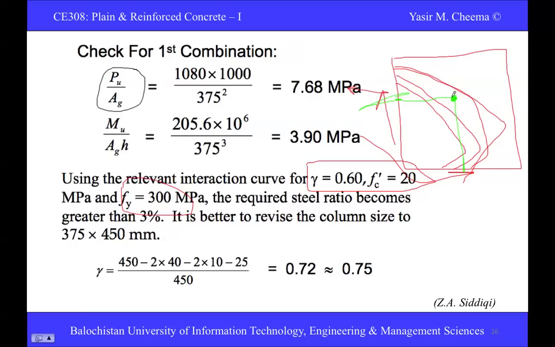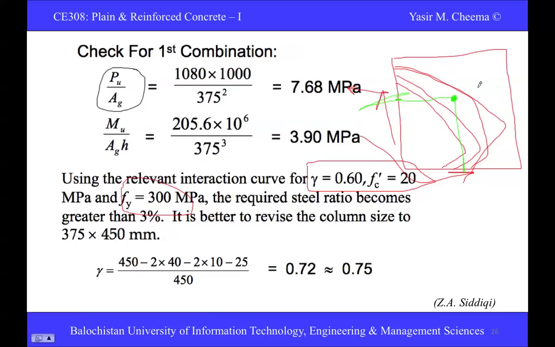We need to check first whether this point gives the value of reinforcement, the steel value. I tell you one more thing: these curves represent different steel ratios, from a minimum of 1% to a maximum of 3%. But in this question specifically, the steel ratio becomes greater than 3%.